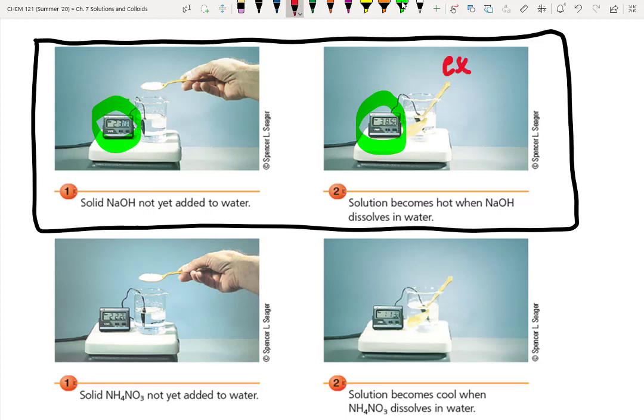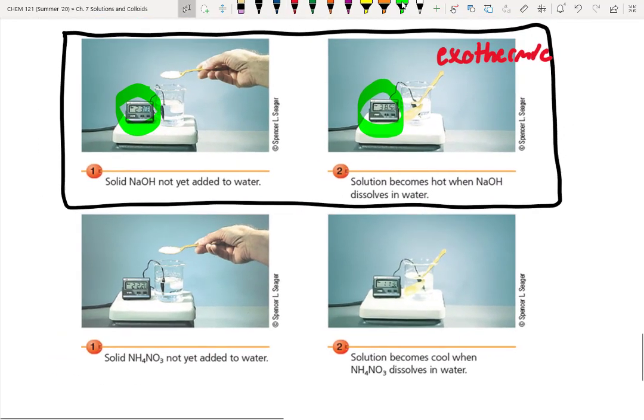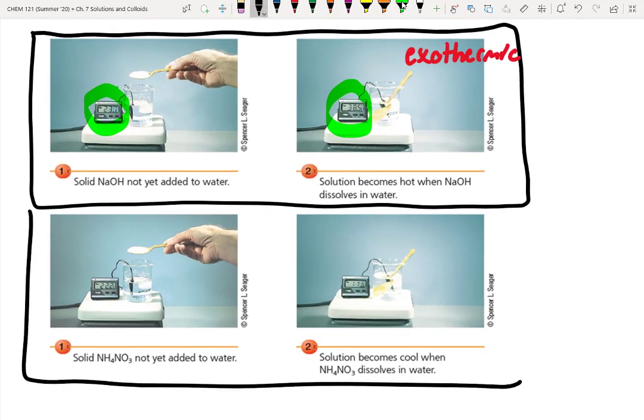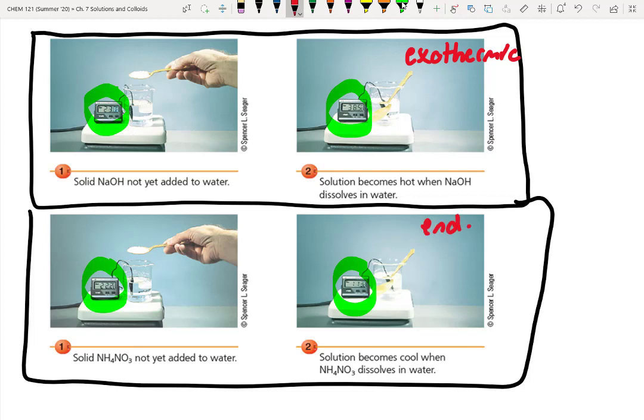So this would be exothermic, meaning it releases heat. Versus down here, this is similar to what you might find in a cold pack. So you can see that it starts out at room temperature, and then when you add in the ammonium nitrate, it actually goes down in temperature, which means it's endothermic.